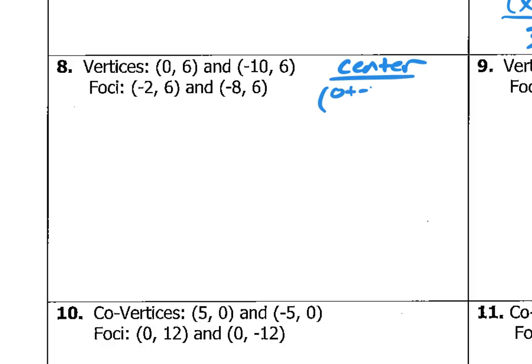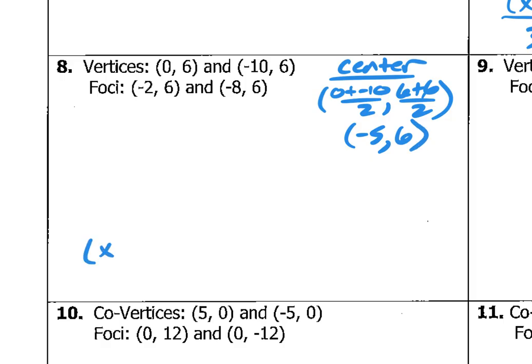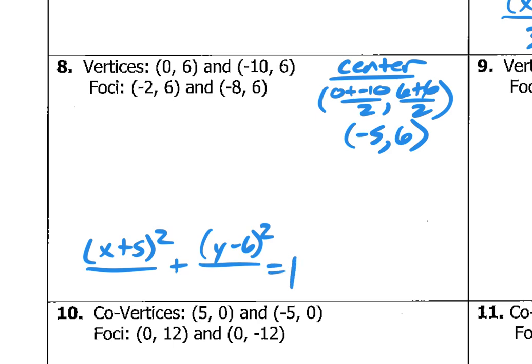(0 plus negative 10) over 2, (6 plus 6) over 2. So that would be (-5, 6). And we can start putting that into our equation.